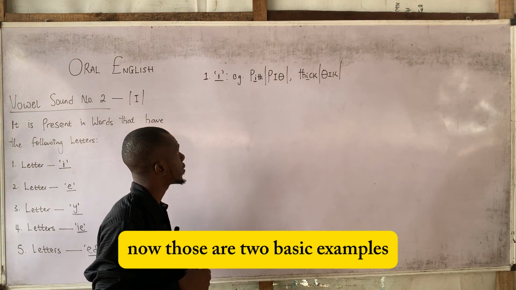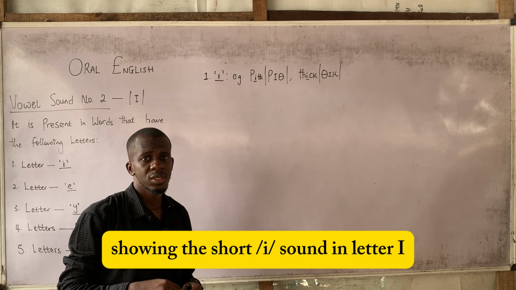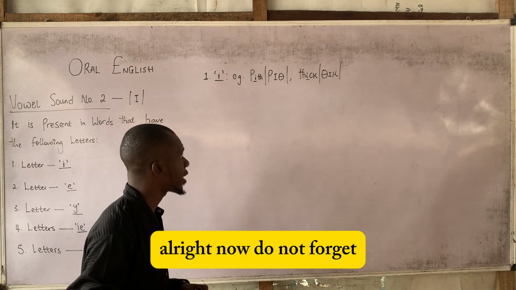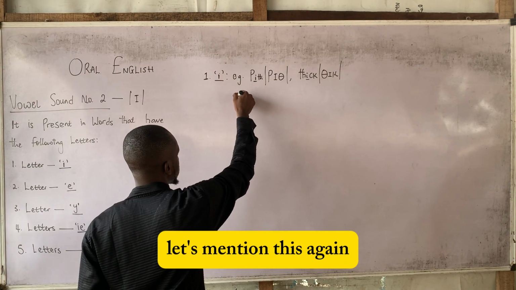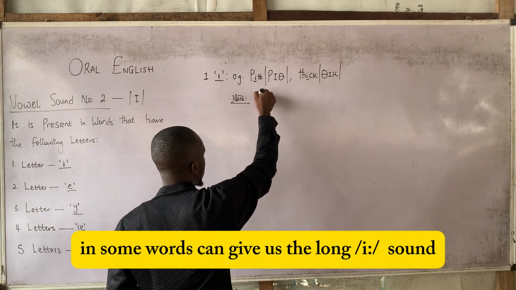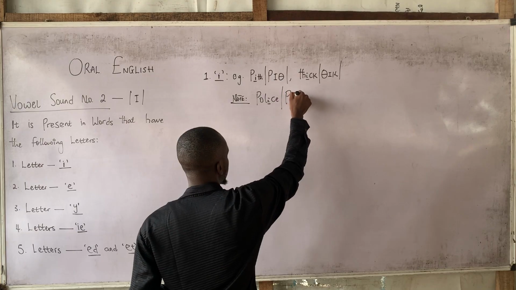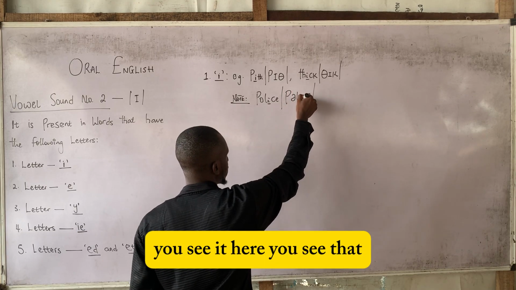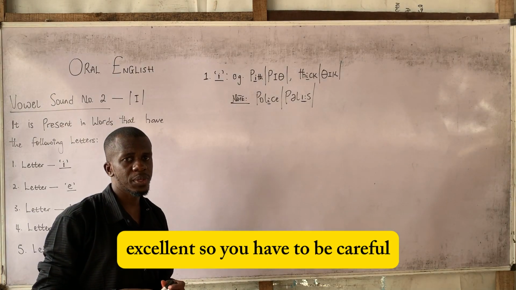Those are two basic examples showing the short E sound in letter I. Now, do not forget, let's mention this again. The letter I in some words can give us the long E sound, just as in the word police. You see that? Excellent. So you have to be careful.